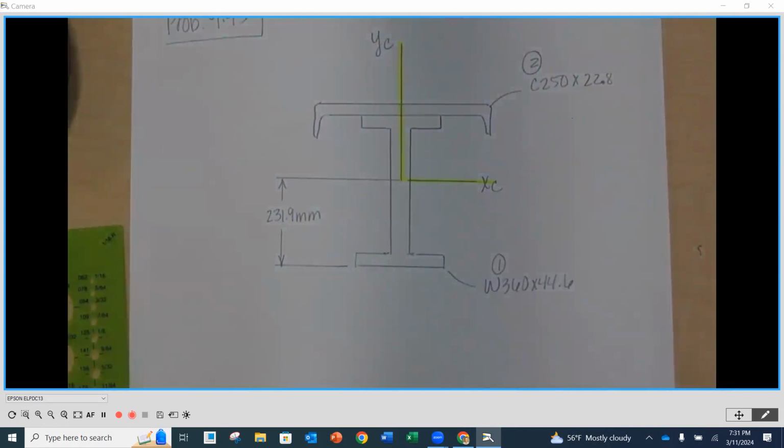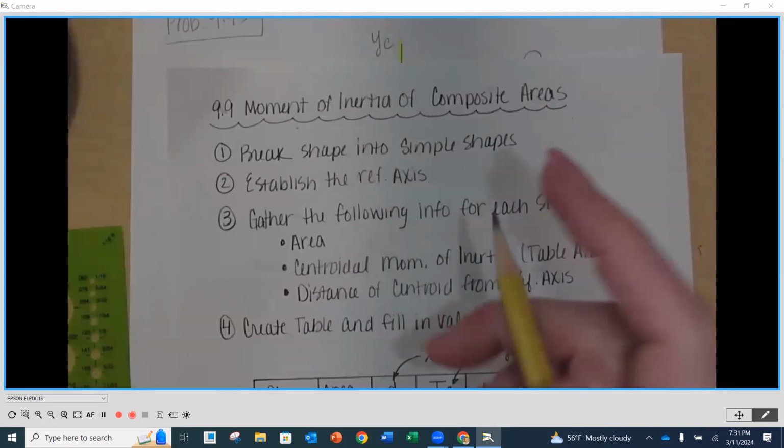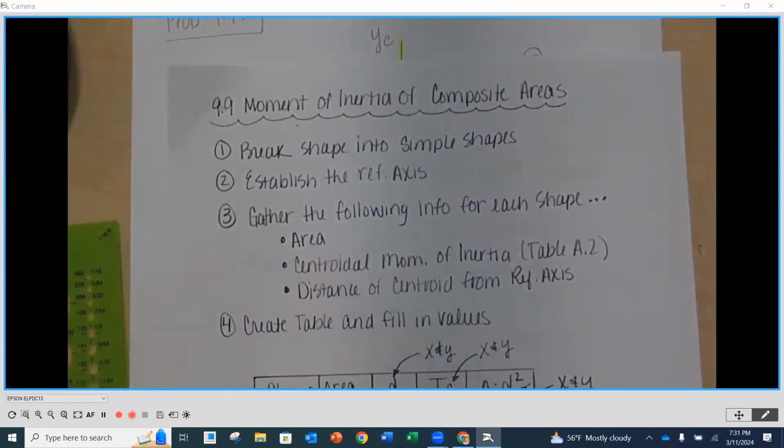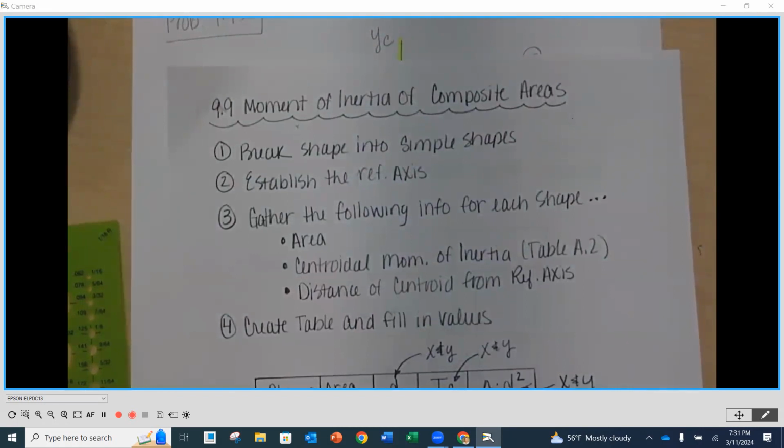That's really nice. So we've already done our reference axis, which in our case is the centroidal axis of the composite. Now we're going to gather the information about area, the moments of inertia of each one, and also the distances of the centroid of those shapes from the centroid of the composite.